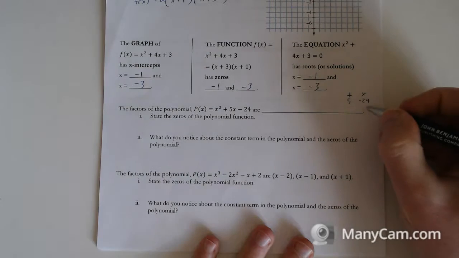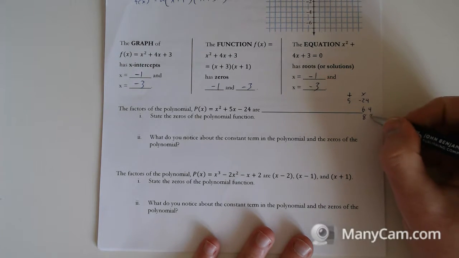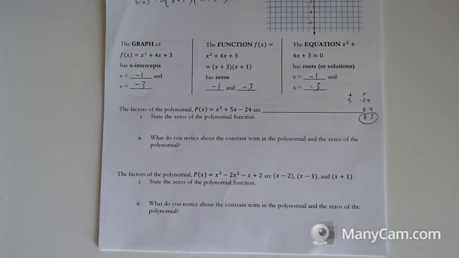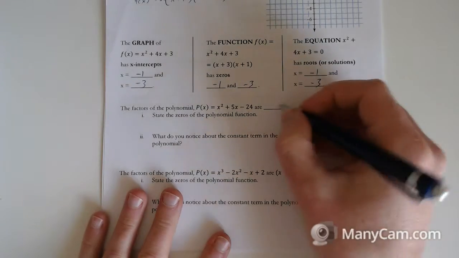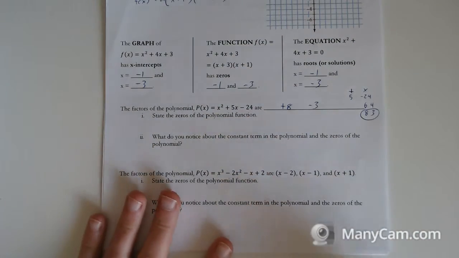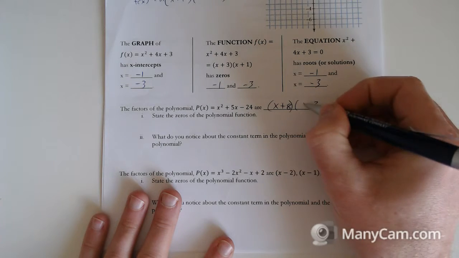It's going to be somewhere in the middle. 6, 12, 18, 24, so 6 and 4, but that's not going to work. 8, 16, 24, 8 and 3, that's going to be it. So +8, -3. Actually, the factors are x plus 8, x minus 3.